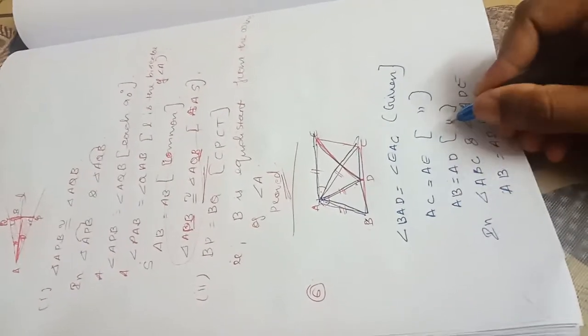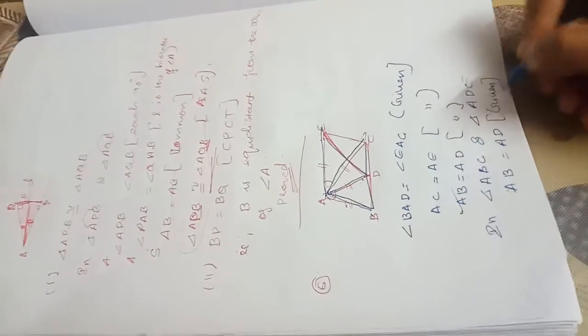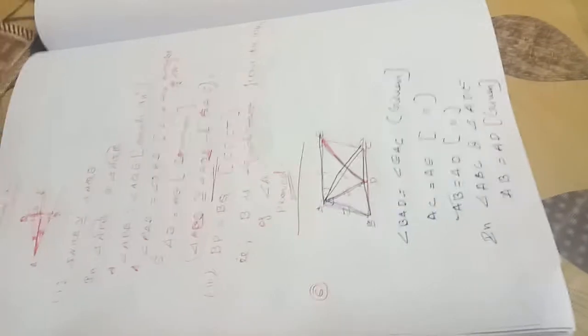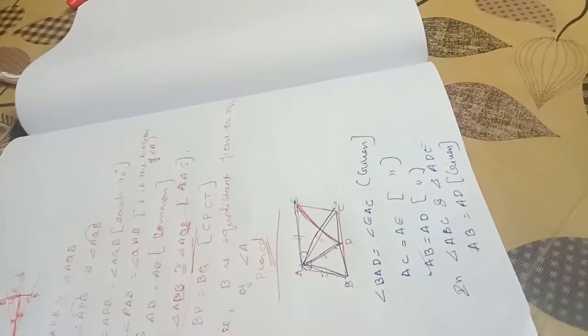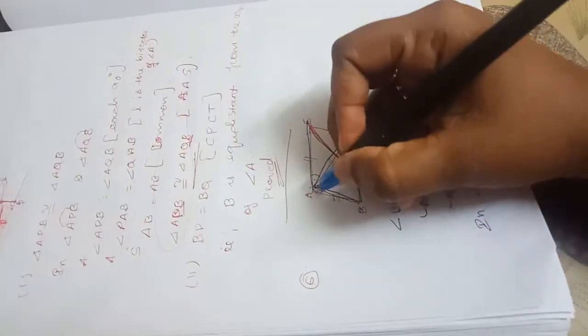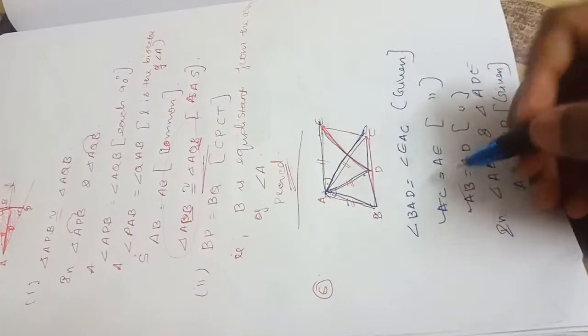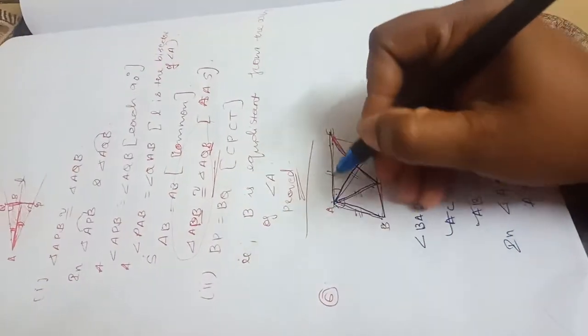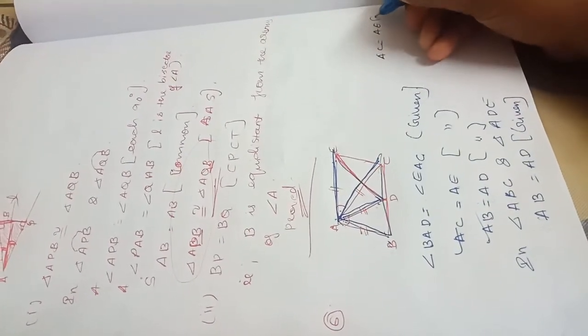What is the reason? Here it is given. Just like that, we can write the given statement AC is equal to AE. AC is the side in triangle ABC and AE is the side in triangle ADE. So AC is equal to AE, which is also given in the question.